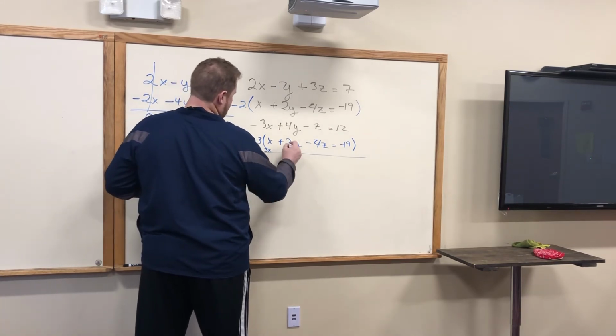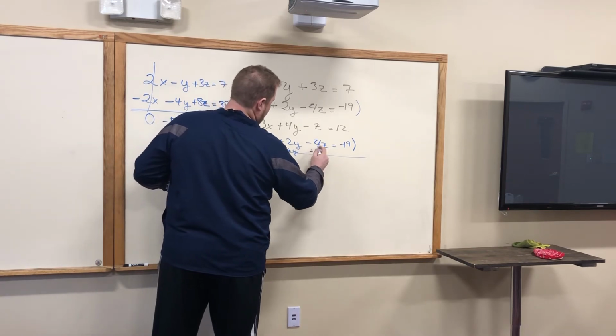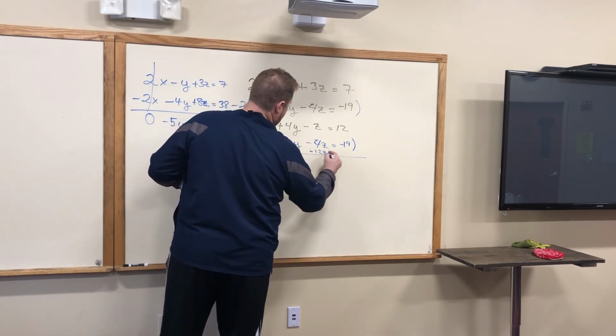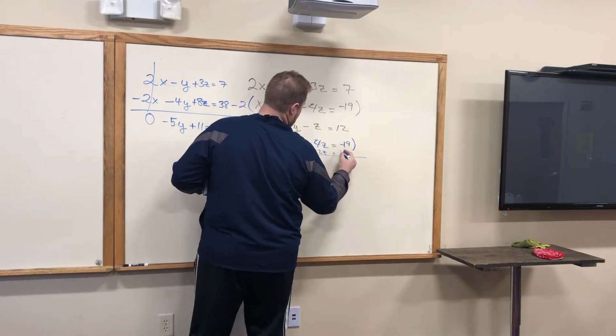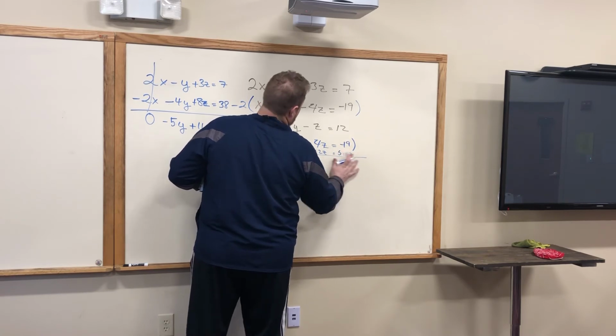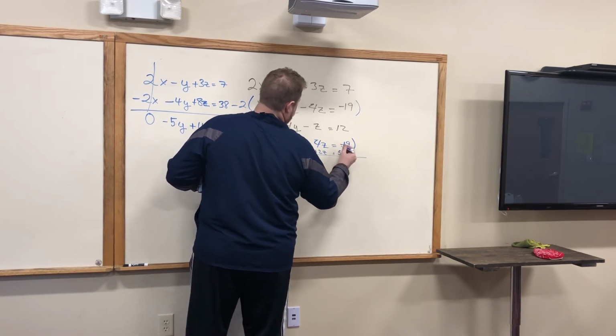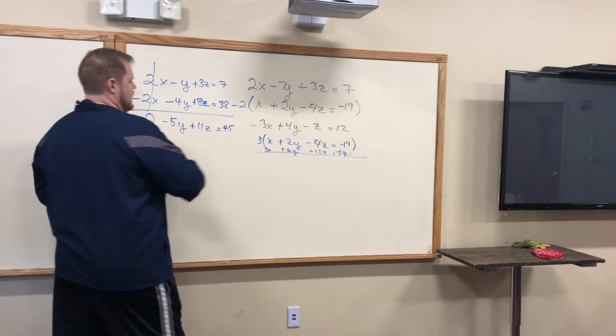So it's going to be 3x plus 6y minus 12z equals 3 times 19, 57, negative 57. So now, here we go.